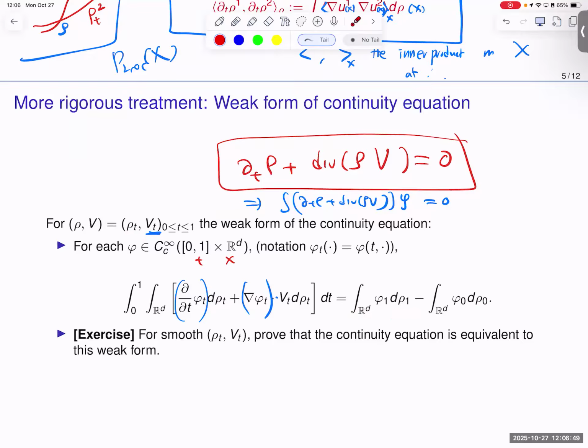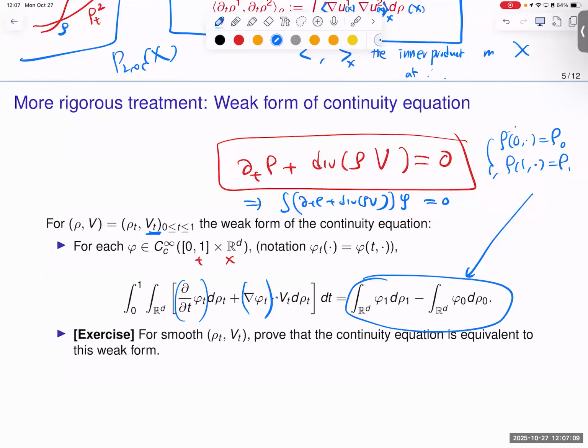Okay, that initial condition is respected here.